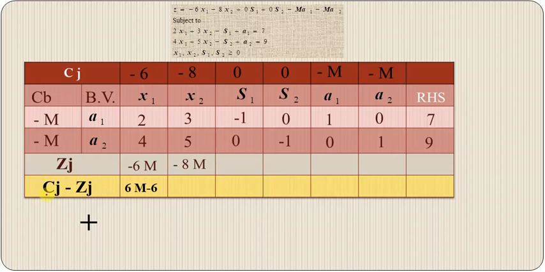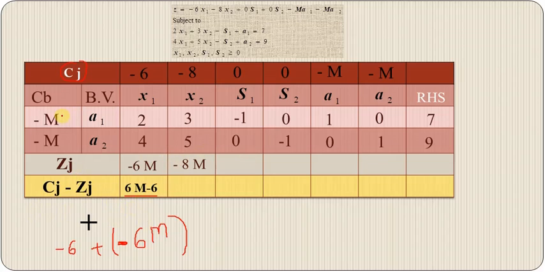Then we can write cj minus zj. It means this is your cj value, so you can write -6. We can write here -6, then minus in bracket of -6M. So we will get -6 plus 6M. That's why we can write 6M minus 6 in the last row.